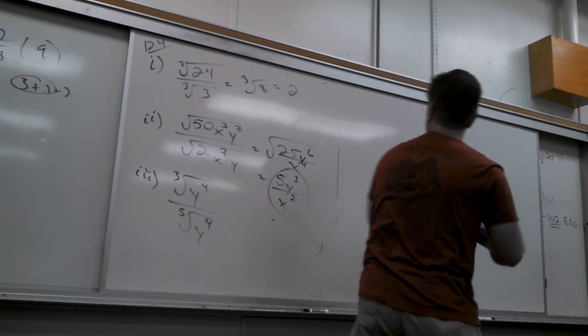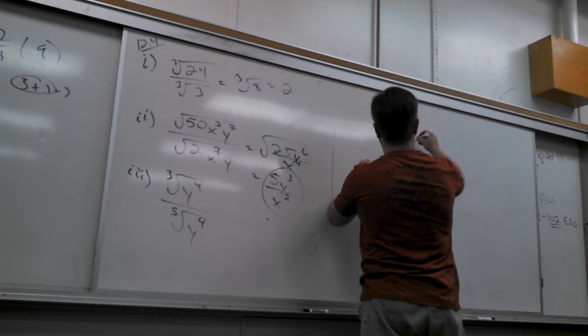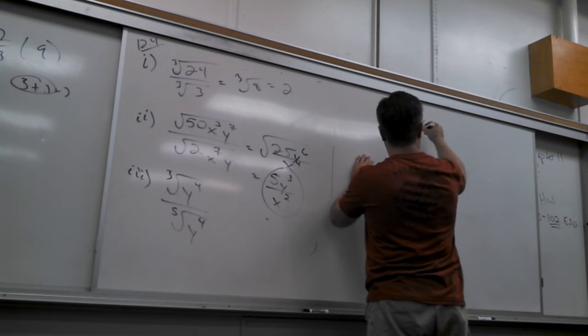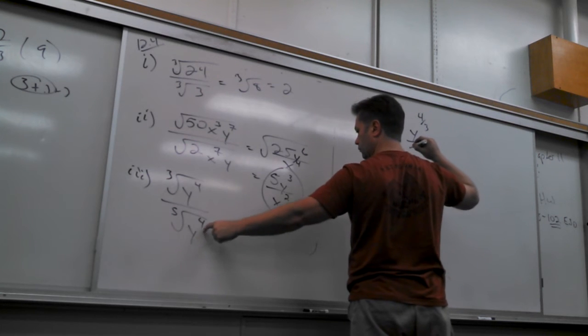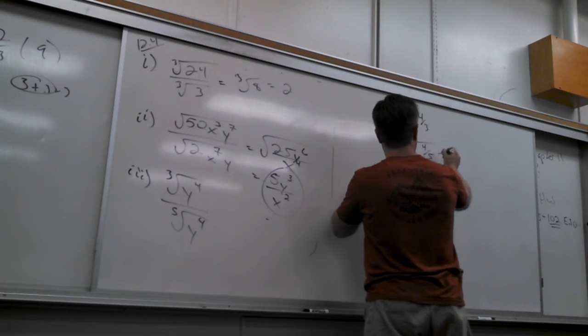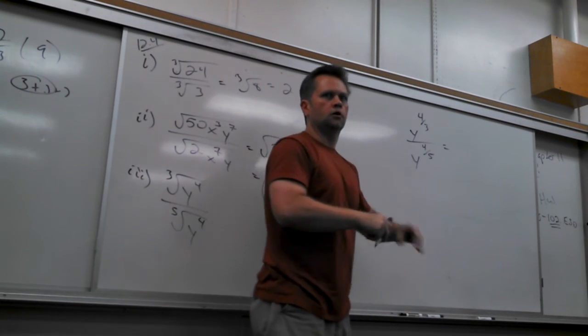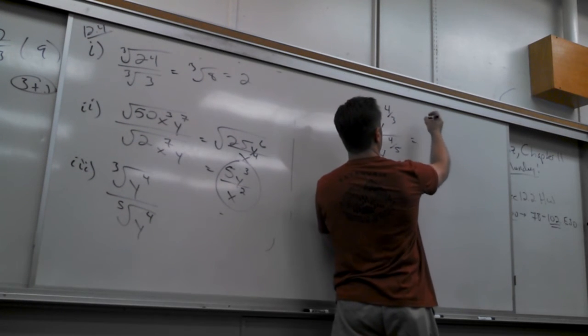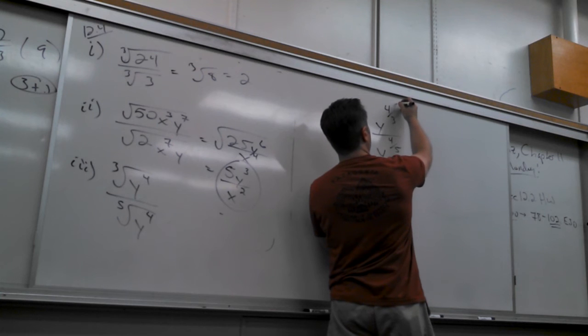So if I rewrite them, the top will be what? Y to the 4 over 3. Good. Y to the 4 over 5. Roots on the bottom, right? And then you need LCD. So this will be times 20 over 15.